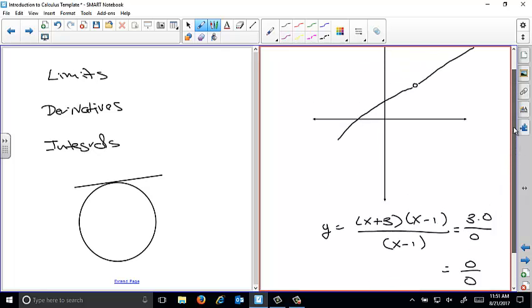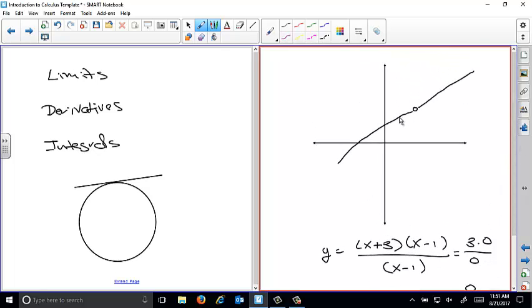But you can see that if you come from the left-hand side to the point at x equals 1, the function exists, and if you come from the right-hand side, the function exists. At x equals 1 the function doesn't exist, but it's approaching some value, and that's the whole idea of limits.